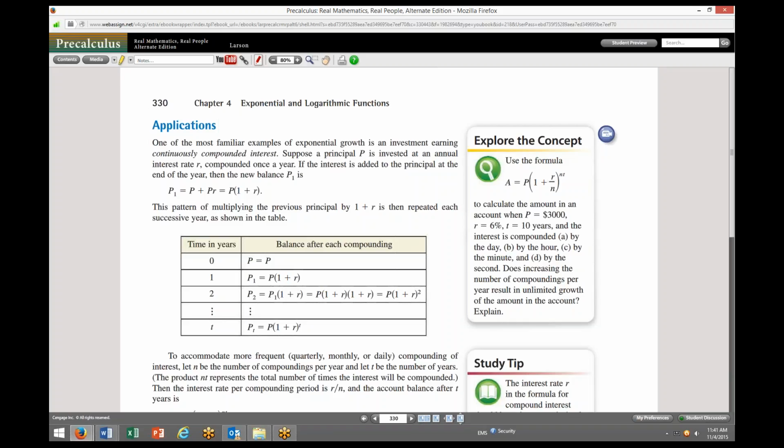So now let's spend a few minutes talking about applications of such. Applications of exponential functions.